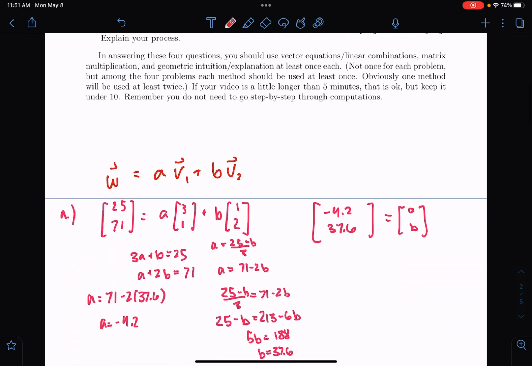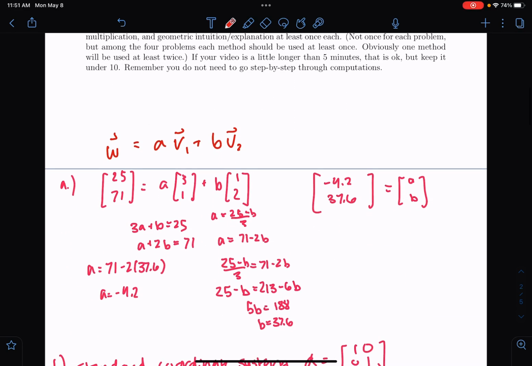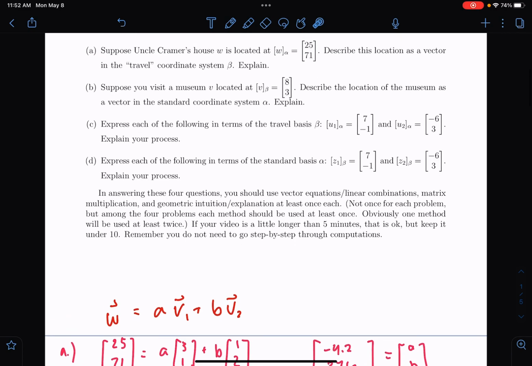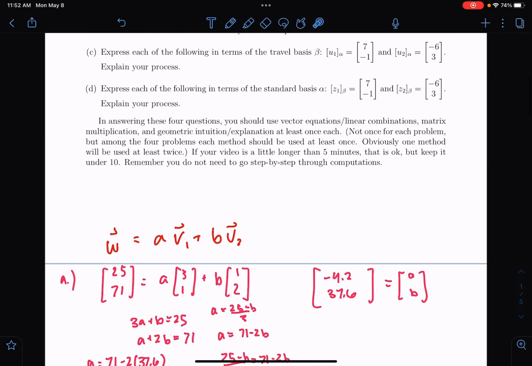So we can go ahead and write that as a linear combination right here, where the vector W equals some constant A times vector V1 plus B times vector V2, where these are our direction vectors. V1 and V2 are the direction vectors given by the new travel basis, and this vector W is the vector that we're given in the original standard basis.